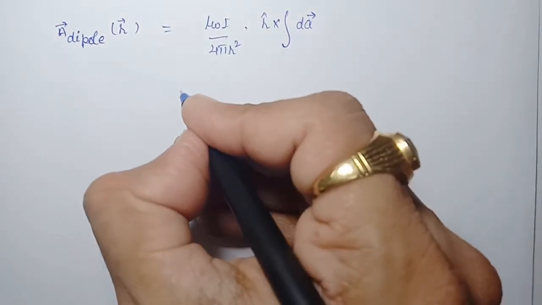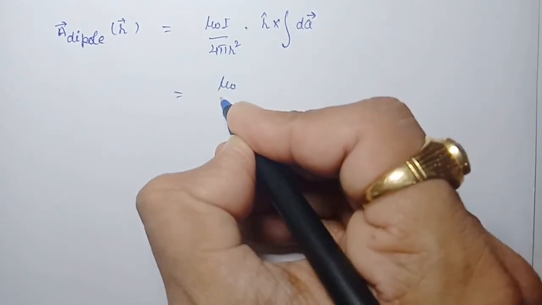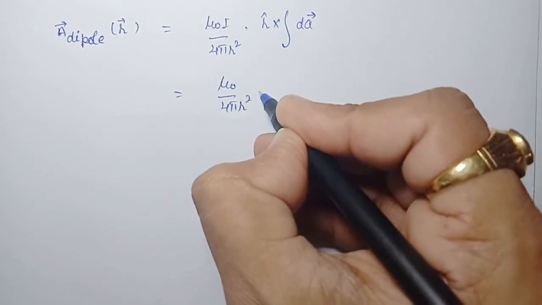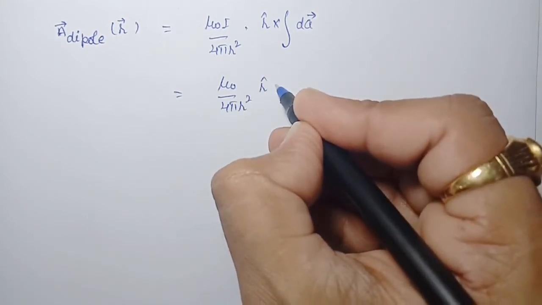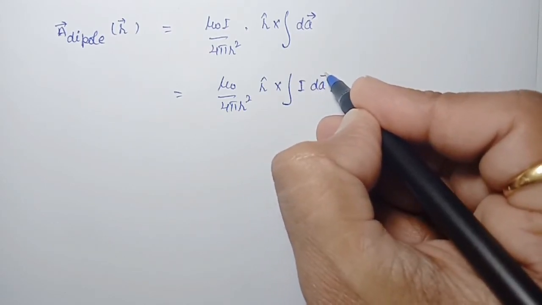So further we can write mu naught over 4 pi r squared, this is r cap, and here we have this I dA vector.